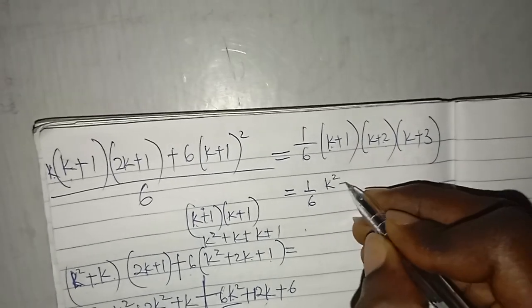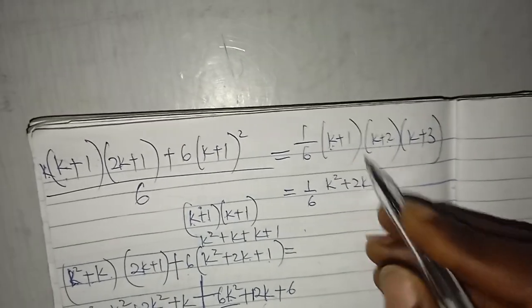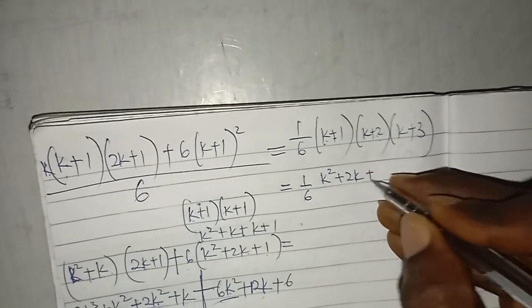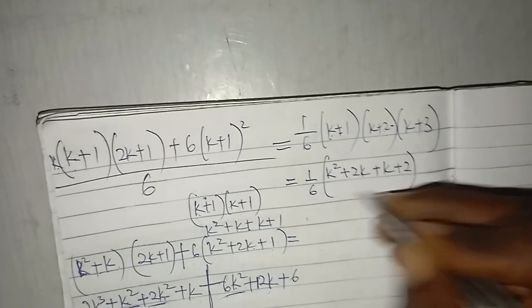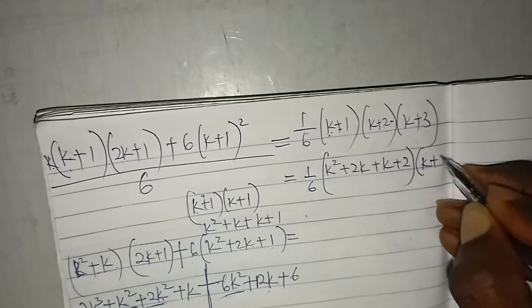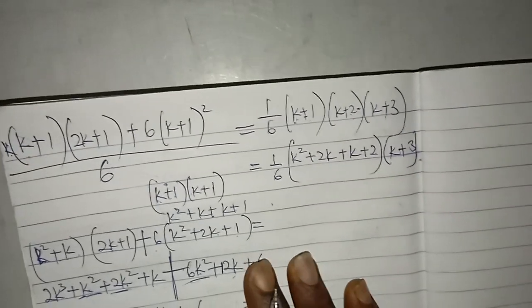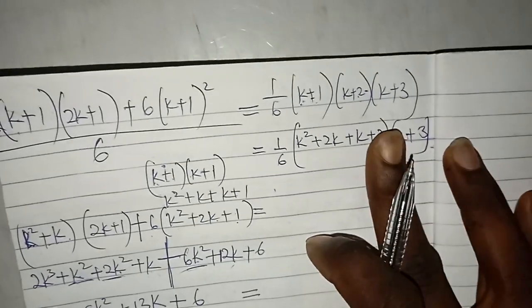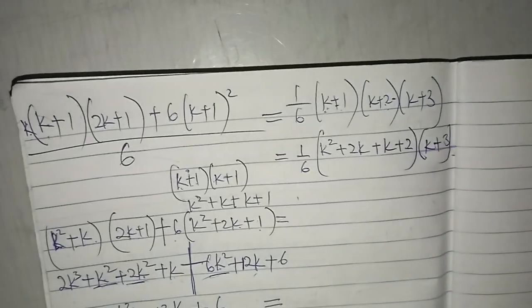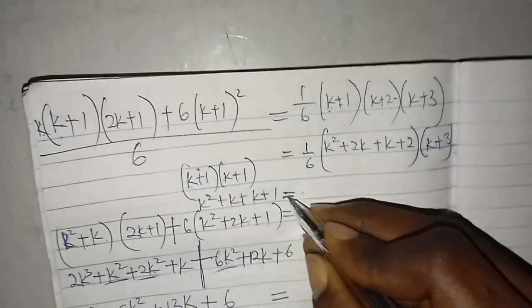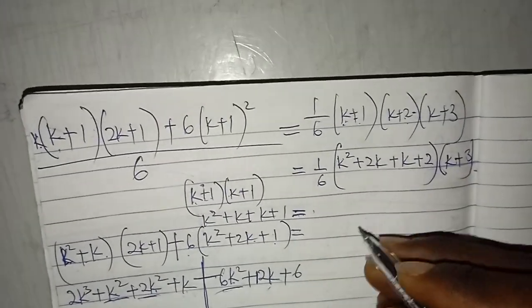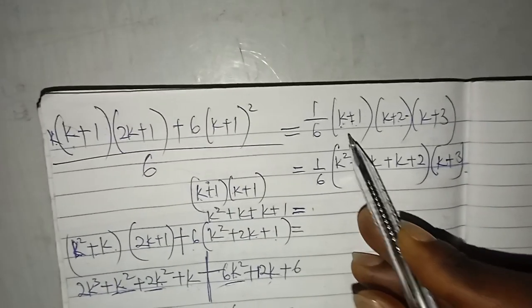K times 2 is plus 2k. 1 into k is plus k. 1 into 2 is plus 2. We'll bring down k plus 3 so that we'll continue to stress ourselves the way you understand it. I know you. You like it like this. Once it's factoring, you start complaining. So see, I bring this.